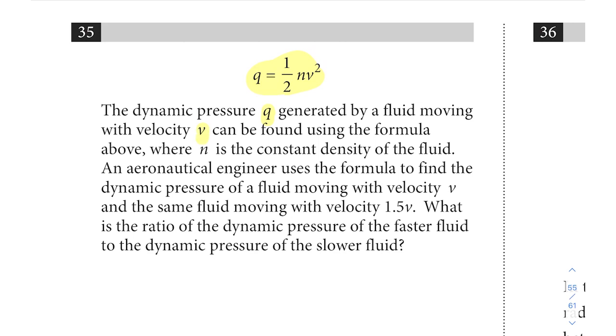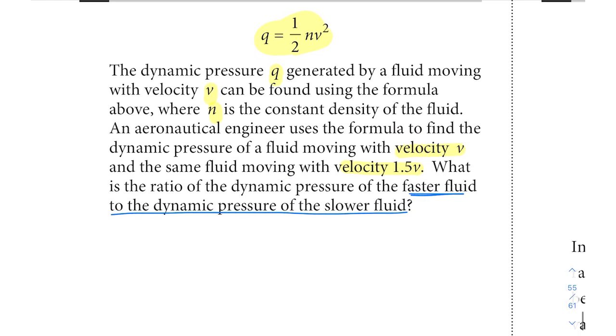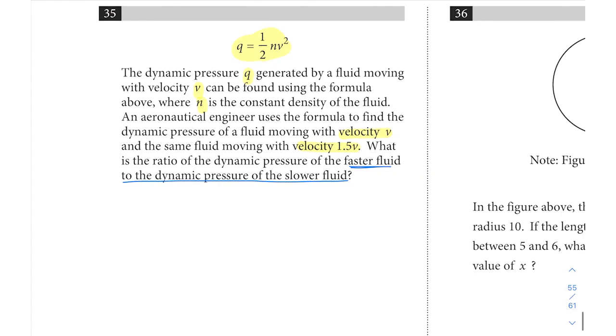For question 35, they give us this equation at the top, and then they say that dynamic pressure Q generated by a fluid moving with velocity v can be found using the formula above, where n is the constant density of the fluid. An aeronautical engineer uses the formula to find the dynamic pressure of a fluid moving with velocity v and the same fluid moving with velocity 1.5v.